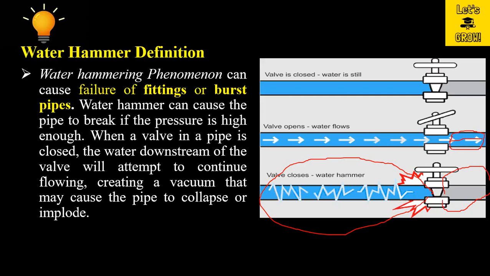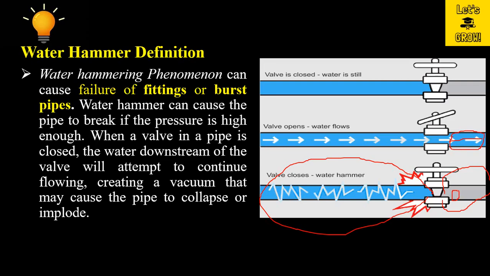But when you close the valve, there is no water, or the water that is present will try to move in the downward direction, so it will create a vacuum, correct? It will create a vacuum which may cause the collapse or the bursting of the pipe also.